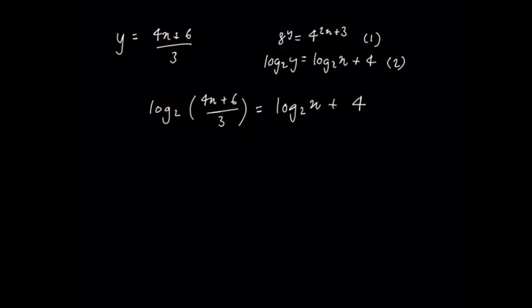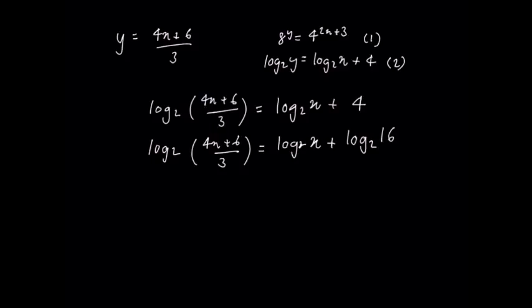So let's go ahead and do that. We'll have log to the base 2 of 4x plus 6 over 3 is equal to log to the base 2 of x plus log to the base 2 of, well, it's going to be 16, isn't it?